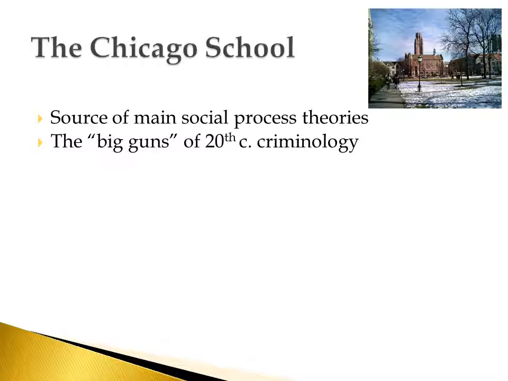A lot of people that we'll talk about today either came out of the Chicago school or were graduate students, mentees of people initially in the school who then went on to do very big things. So whenever you hear people talking about the Chicago school in criminology, you're talking about the real heart of a sociological look at criminology, a real intense look at social process in criminology.